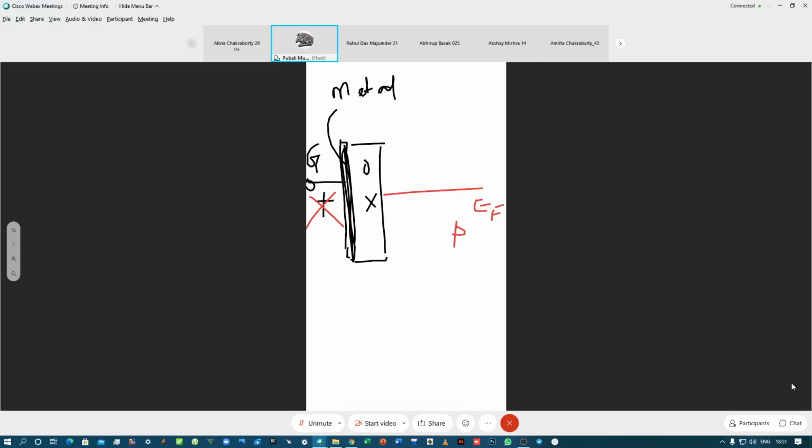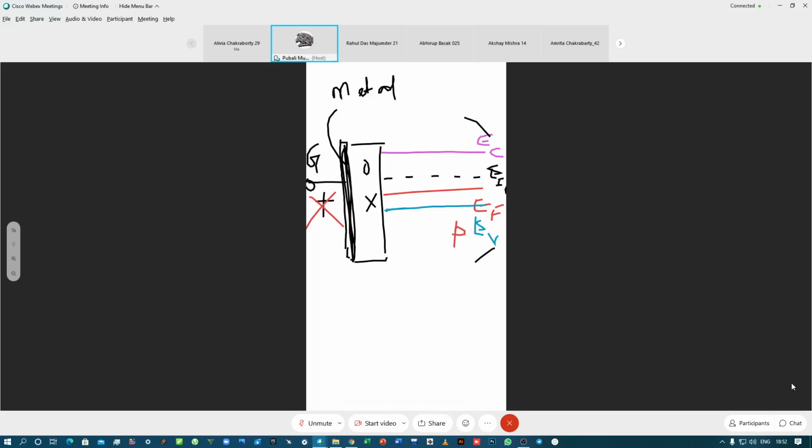Since it is a p-type substrate, EV would be lying near EF, EC would be lying away from EF, and EFI would be lying midway between EV and EC.